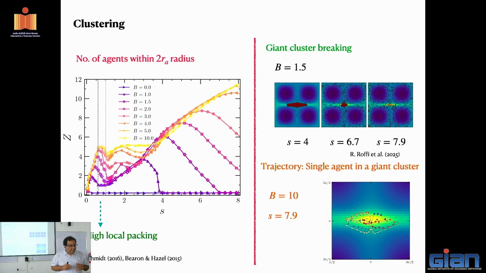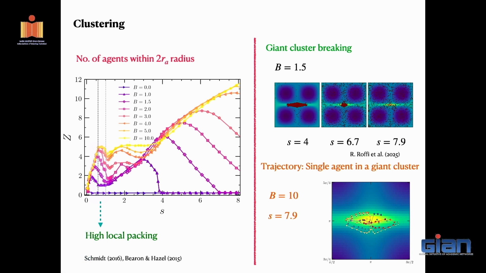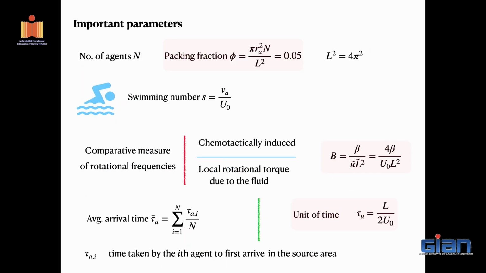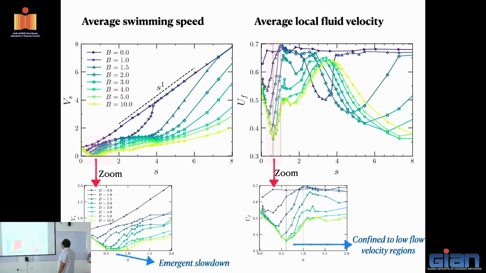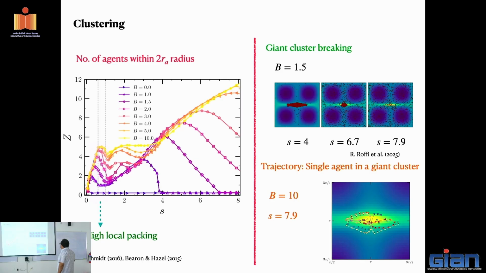Even though you started with a very small overall packing fraction, there are regions in the flow where you see very high packing fraction. Fine. Now, what happens? I was telling you here that a cluster can form at the center, right? The stability of the cluster, of course, depends on the activity, the cell propulsion speed that you give to the bacteria.